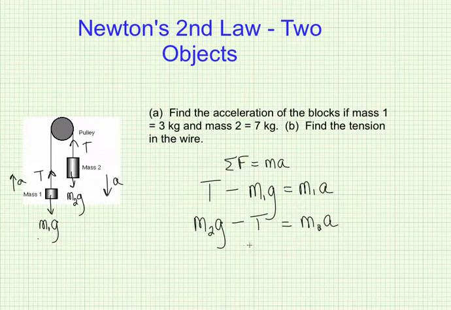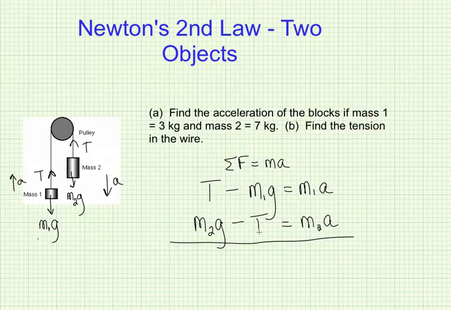So I have two equations and two unknowns. Either you could do substitution, or let's add the two equations. The reason I want to add them is that mathematically, look what happens to the tension.